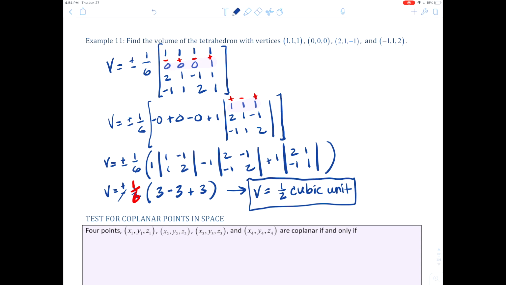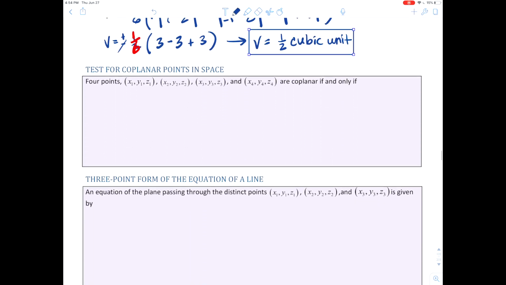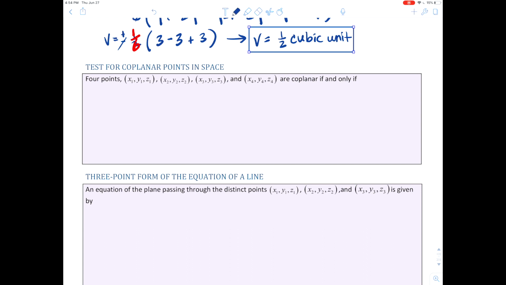All right. So next up, there's a test for coplanar points in space. So these are kind of similar to the other ones. If the determinant that you used for the tetrahedron volume is 0, or the determinant part of it, not the plus or minus 1/6 part, then what you'll find is that the points are coplanar.